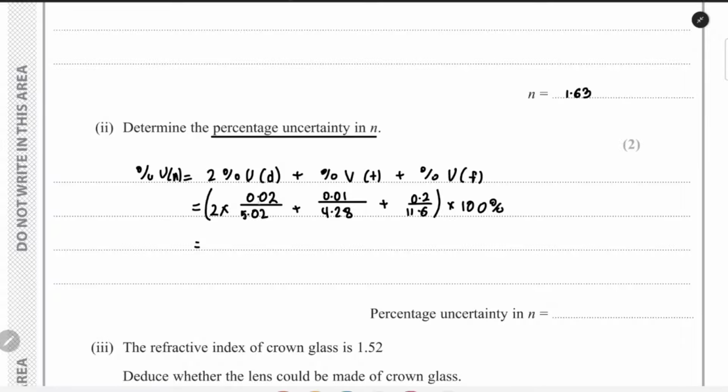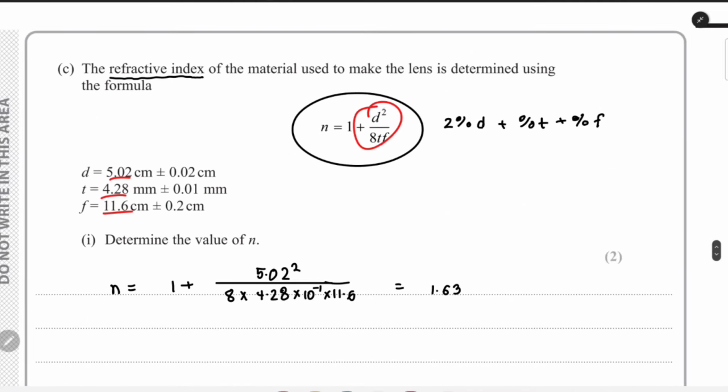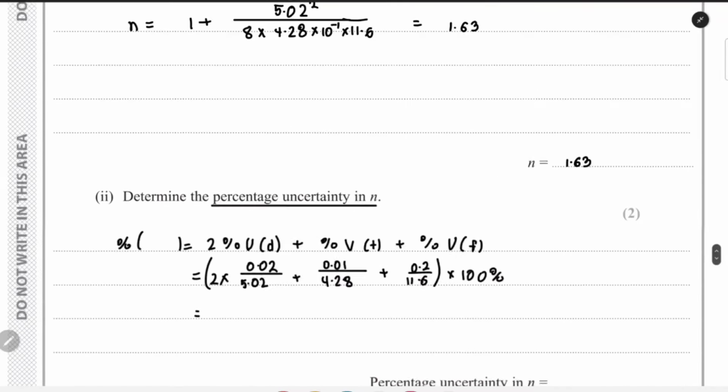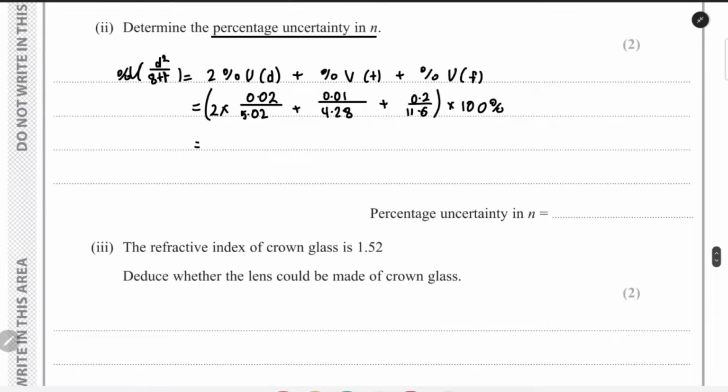We'll get a value of, this is the percentage uncertainty of this term over here, not the whole term, this term exclusively. So d squared by 8tf, the percentage uncertainty in this will come out to be 2.8%.